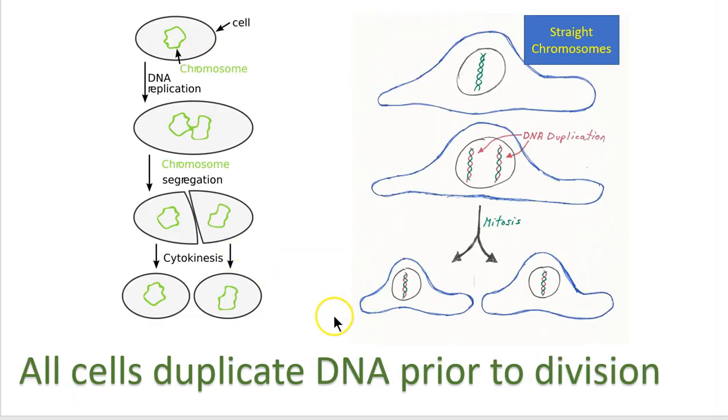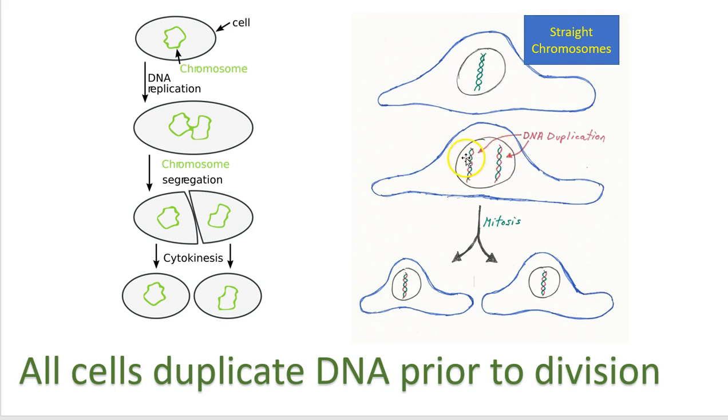Now, all cells duplicate their DNA prior to cell division. So we saw with bacteria, it's going to take its circular DNA molecule and duplicate that DNA molecule so as to give one copy to each daughter cell. And this is how bacteria reproduce. Well, so too with complex cells. They have to duplicate their DNA. Again, the straight chromosomes here.